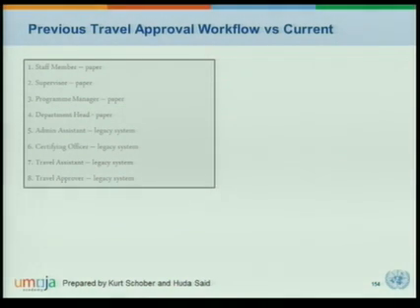The certifying officer then in the executive office, as we have in New York, or in your case, your certifying officer, goes in and says, well, that's authorized travel. We have funding for it. The funding source is good. So the certifying officer certifies the travel, and then it goes to the travel assistant in the travel unit who enters this into their system to generate whatever itineraries are required.